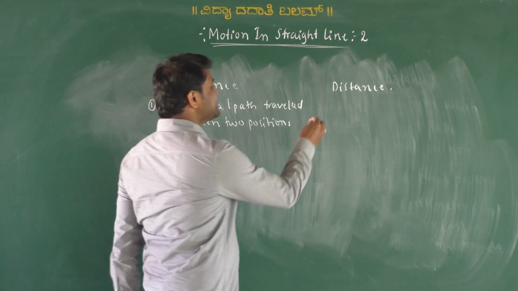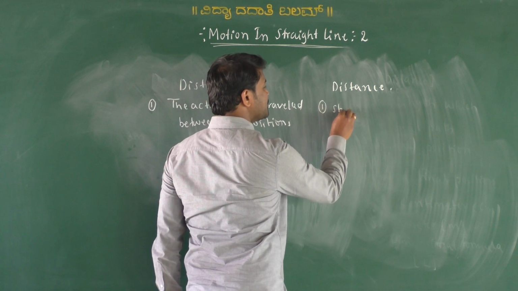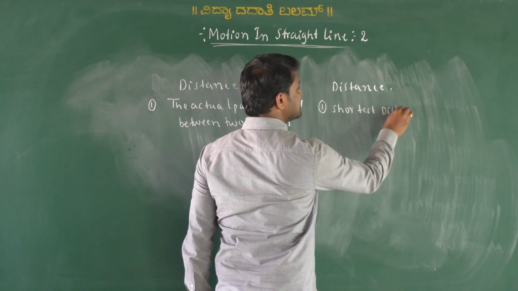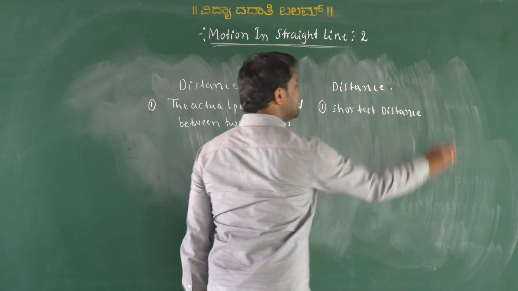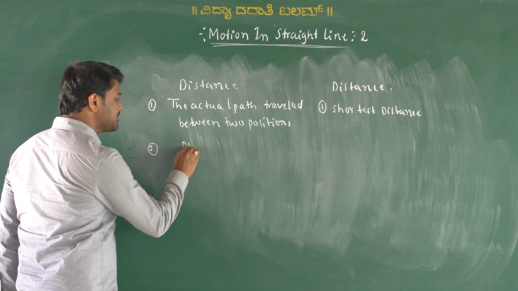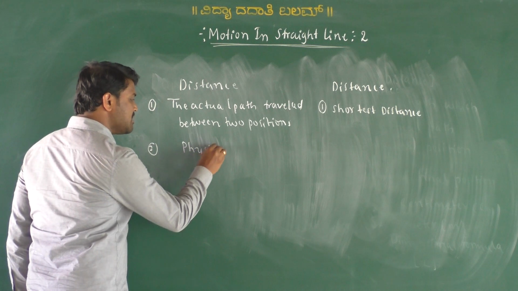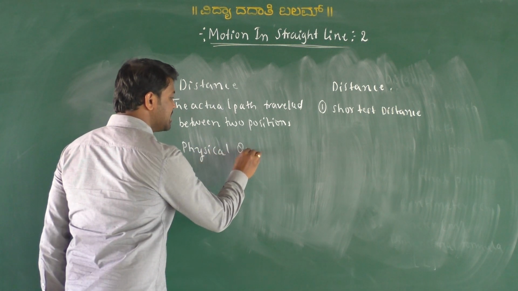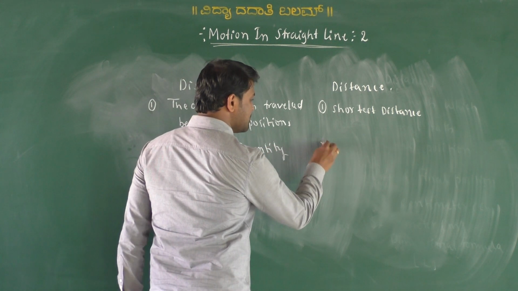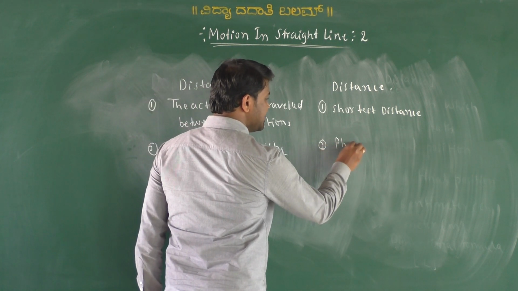Here shortest distance, okay. Here it is a physical quantity. ಇದು ಕೂಡ ನಾನು ಮೆಜರ್ ಮಾಡ್ಬೋದು, ಫಿಸಿಕಲ್ ಕ್ವಾಂಟಿಟಿ. ಇದು ಕೂಡ ನಾವು ಮೆಜರ್ ಮಾಡ್ಬೋದು, ಫಿಸಿಕಲ್ ಕ್ವಾಂಟಿಟಿ.